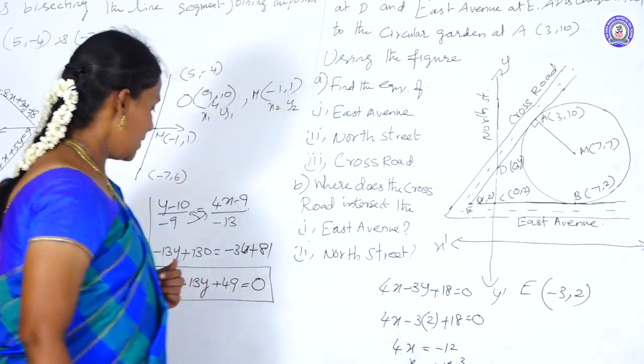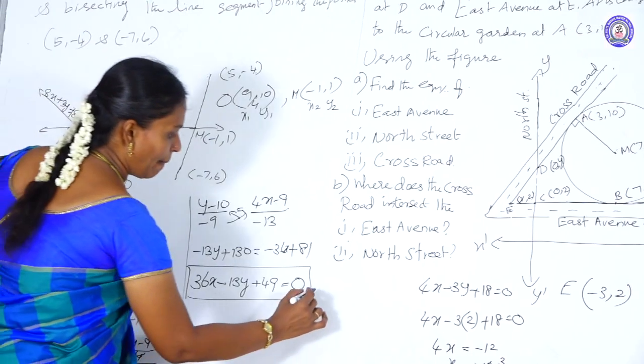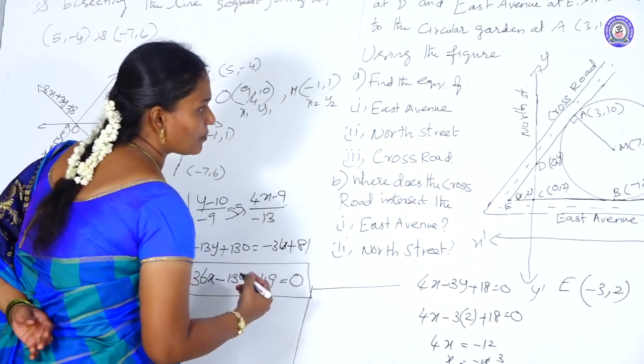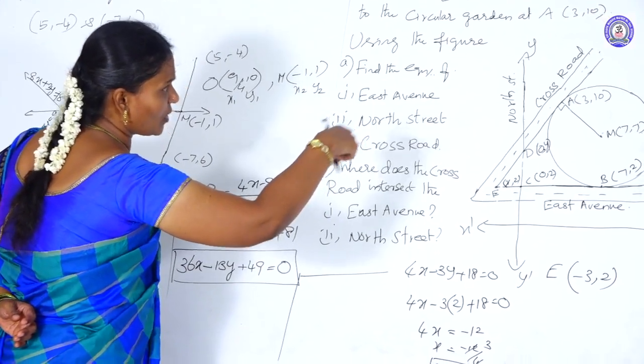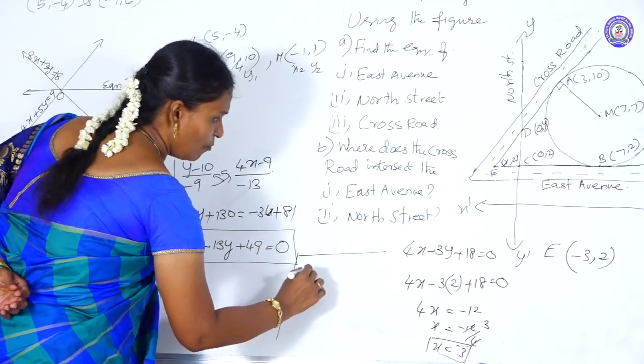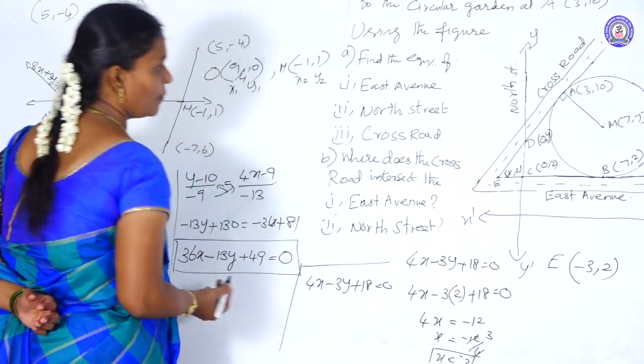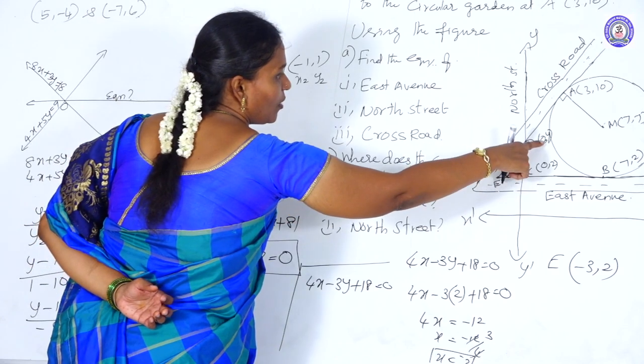See the crossroad equation, the same: 4x minus 3y plus 18 is equal to 0. Here what is the x value? That is 0.